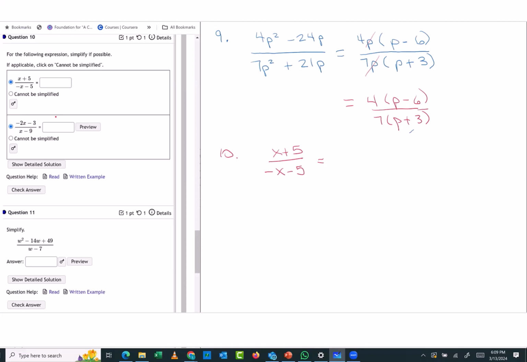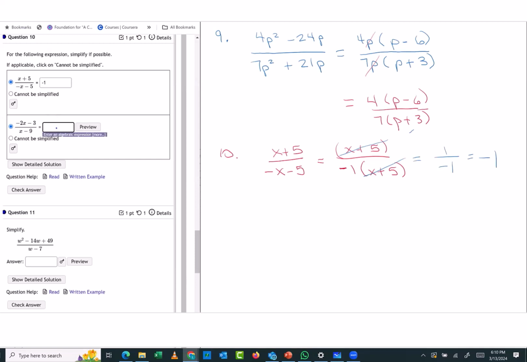Well, I want the leading term to at least have the same sign, or else I really can't tell. So I'm going to factor out of the denominator a -1 or a negative, whichever you like. This gives me x plus 5. Wow, look at that. I have x plus 5 over x plus 5, and I can cancel them. And this will just equal 1 over -1, which is equal to -1.